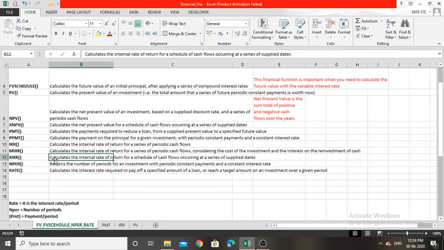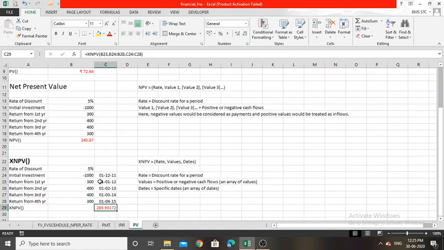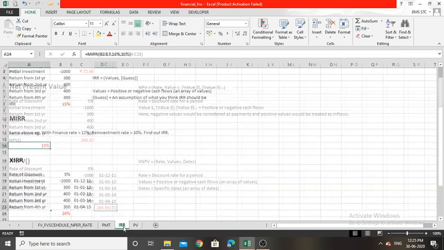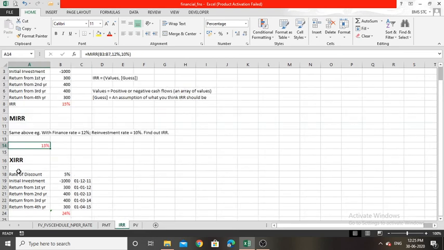XIRR calculates the internal rate of return for a schedule of cash flows occurring at a series of supplied dates. Like XNPV, there was a scheduled rate, no? Like that, in XIRR also there is scheduled date data for calculating the rate. The remaining data are the same as the above examples and the dates are given here.